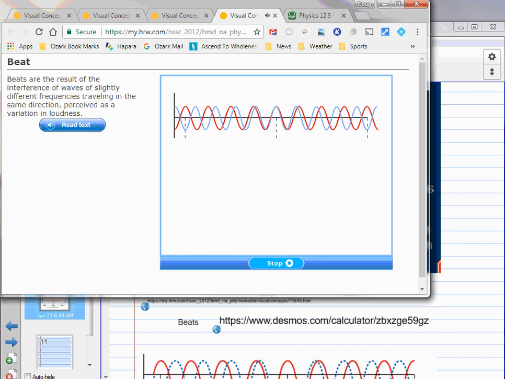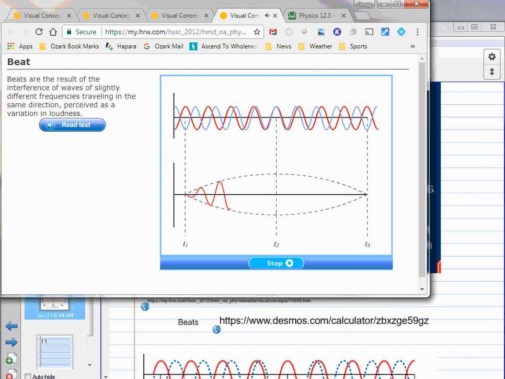When two waves of slightly different frequencies are present, they can interfere. The interference pattern varies in such a way that a listener hears an alternation between loudness and softness. The variation from soft to loud and back to soft is called a beat. One beat is shown here. When the two waves are exactly out of phase, destructive interference takes place.